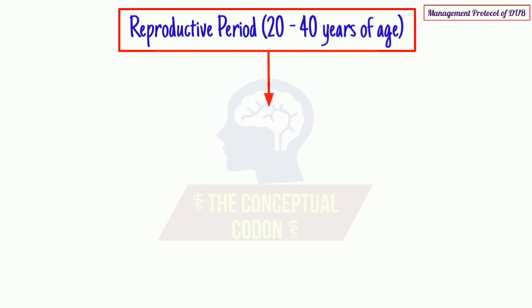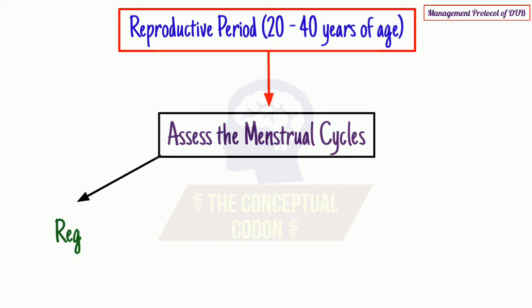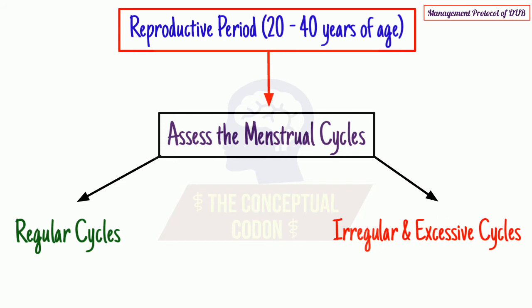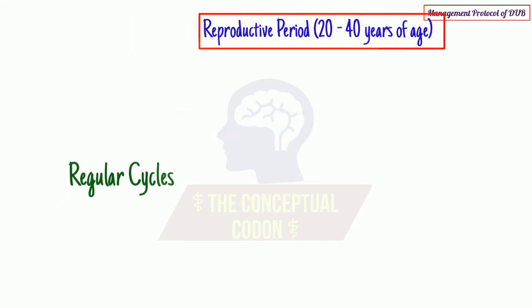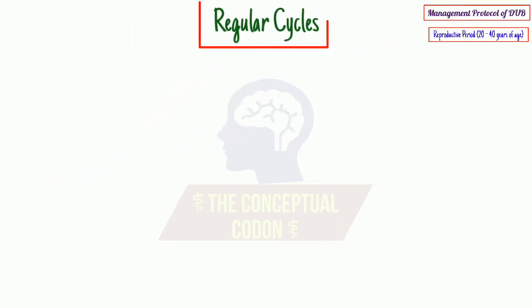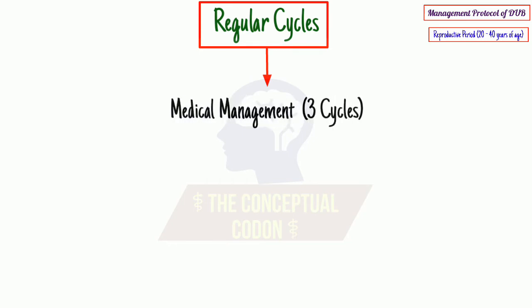Here we will have to assess the cycles, whether the menstrual cycles are regular or they are irregular and excessive. If the cycles are regular, then we should try medical management for 3 cycles. Here medical management is usually hormonal therapy.